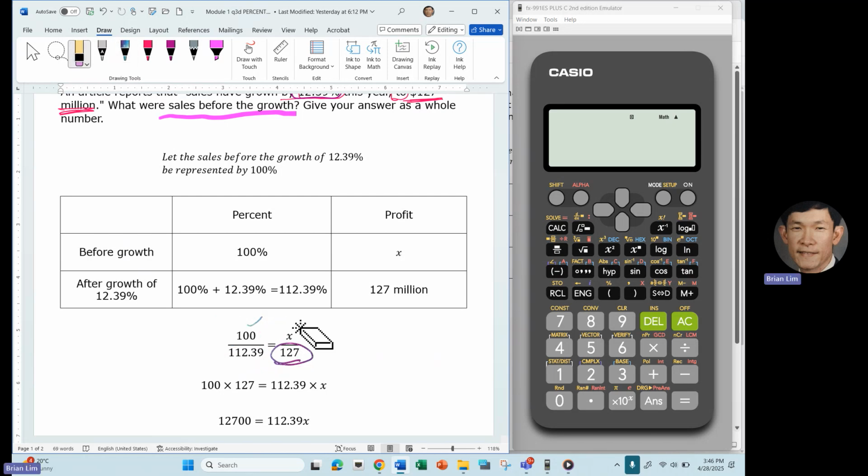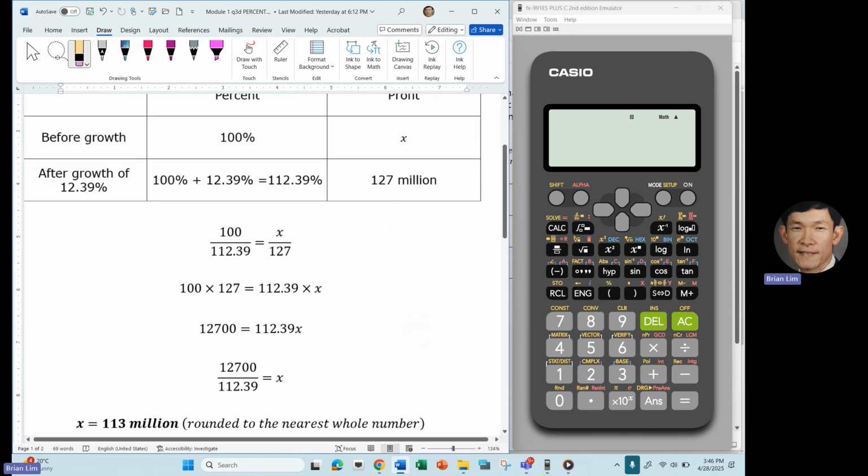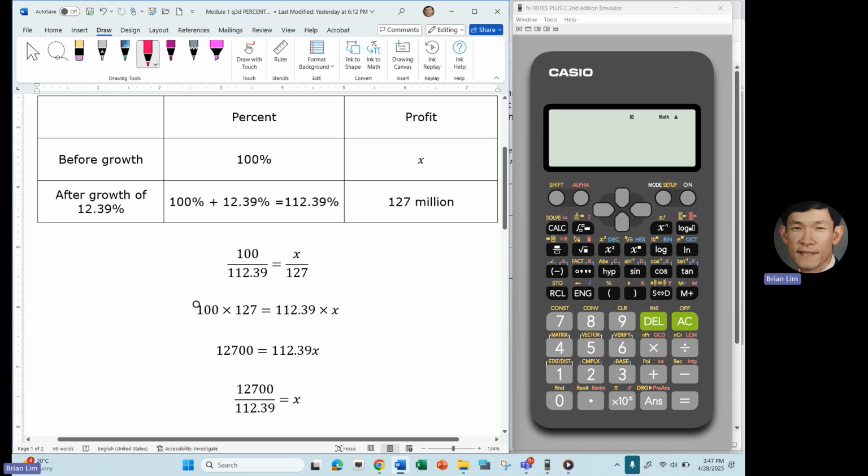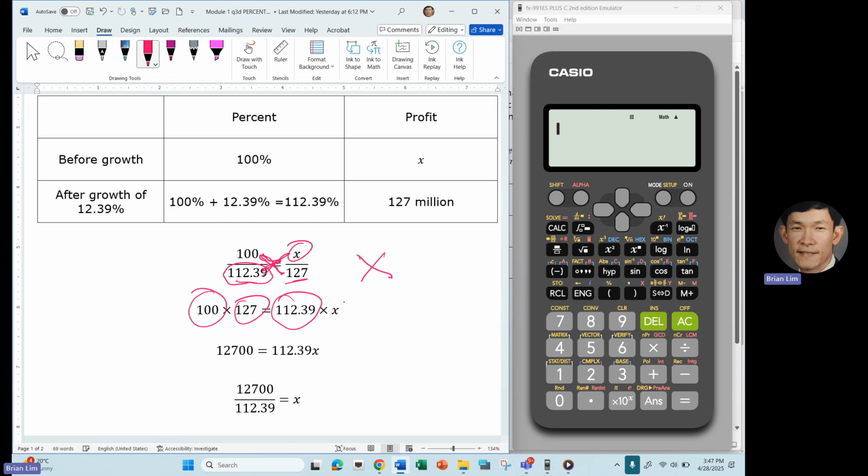All right, so with that in mind, we can now do what we call a cross multiplication. We could run like that and like that. It's kind of like an X. So we take the 100 and multiply it by this 127, and then we take this 112.39 and multiply it by X. And there we are.